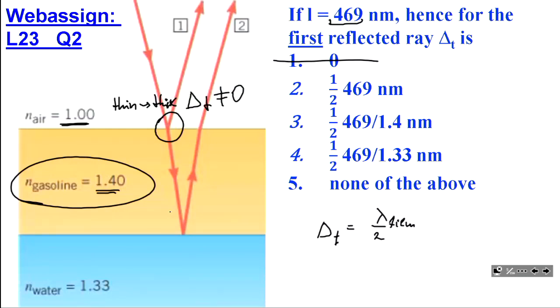How do we know? We can see it right there. So what should be right? 469 over 1.4, times 1/2, and that will be nanometers.